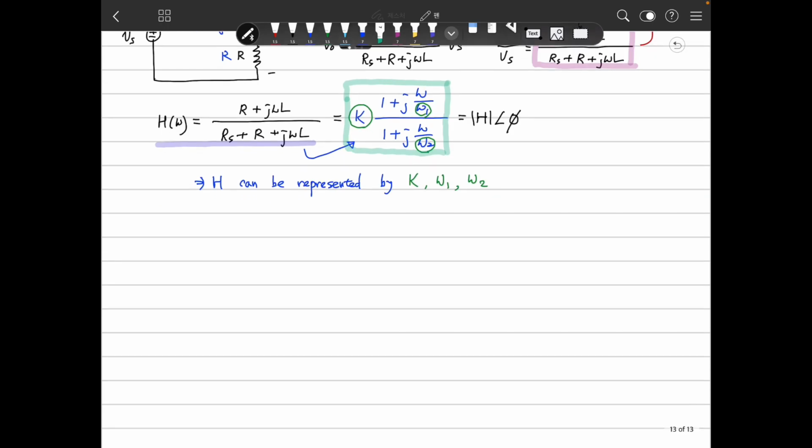So when you say H is K times (1 plus j omega over omega 2) over (1 plus j omega over omega 1), we call omega 1 a corner frequency. We already discussed this frequency previously.